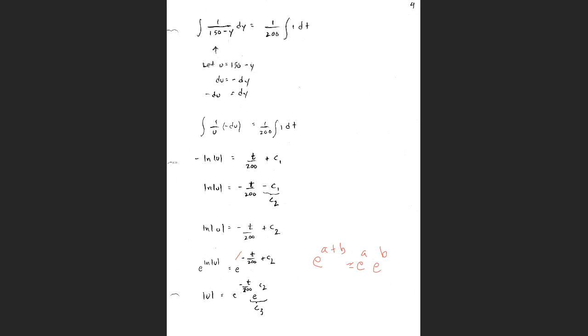Those are equal to each other. And this e to the C2, well, I can't just call that C2 because it's not equal to C2. It's equal to a different constant. Okay, I'll call that C3. It's the way you have to do it because mathematically it's correct. I can't say that e to the C2 equals C2, because it's not true. Maybe for one value. Good question.